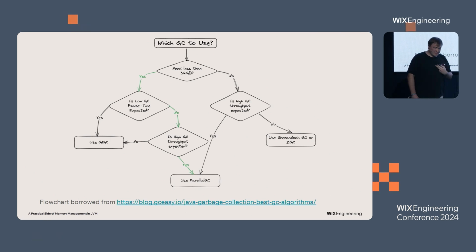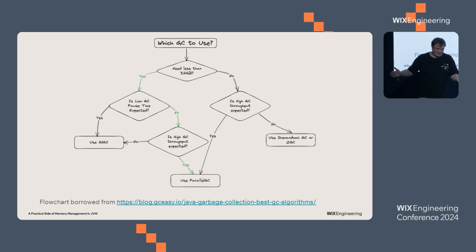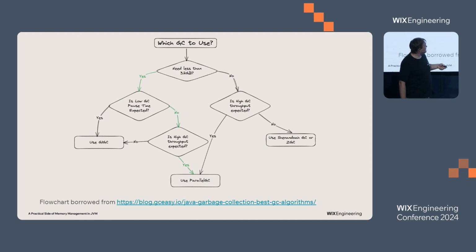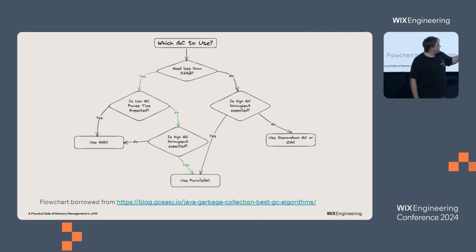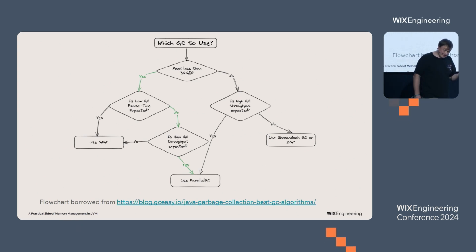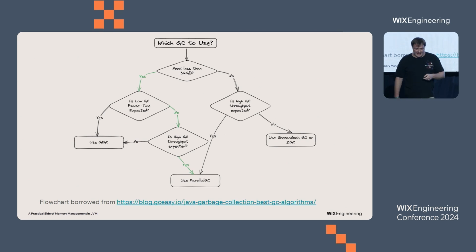And we want to have high throughput, meaning that we want GC to work less and most of the CPU resources to be given to our application to do the work. And based on this flow chart, we can say that our default choice should be parallel GC, but our default is G1 GC. I will cover this topic a little bit later.